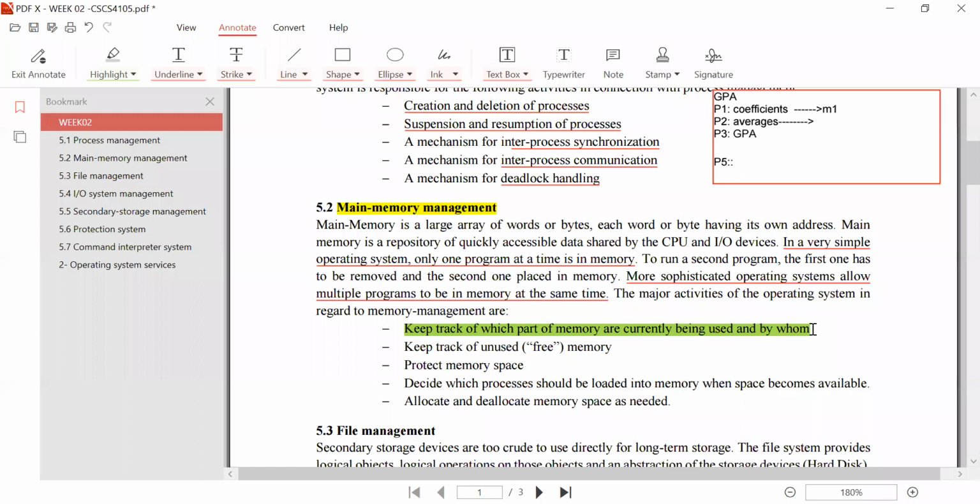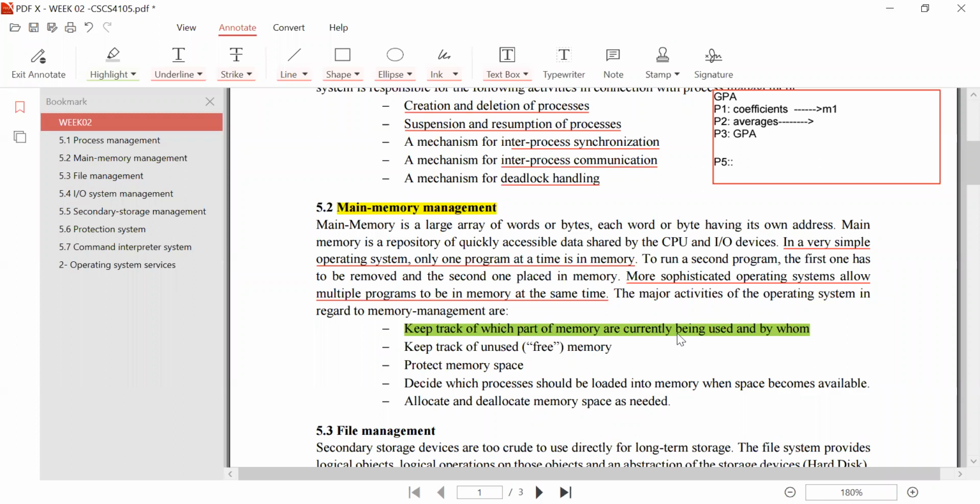Okay, and the operating system also needs to have visibility on which memory spaces are free and which memory spaces are used. Okay, so it is the operating system that takes care of that.